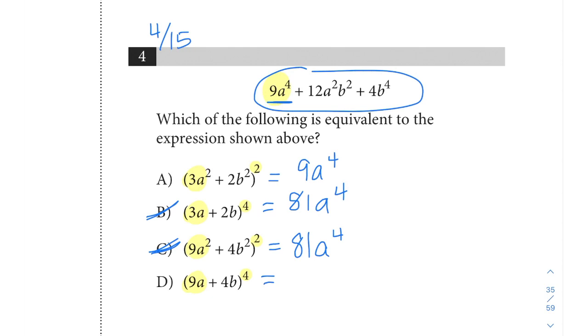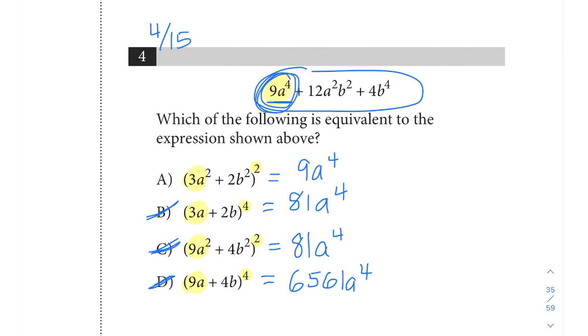So 9 to the fourth, you could do 9 squared is 81, and then times 9 again, which is 729, and then times 9 again, that math starts to get very complicated, but you can already tell that it's not going to be equal to 9a to the fourth. So you can probably eliminate it without having to do the math. If you did the math and you wrote it out, you would get 6,561 a to the fourth for that first term, which we can tell does not match the first term here.